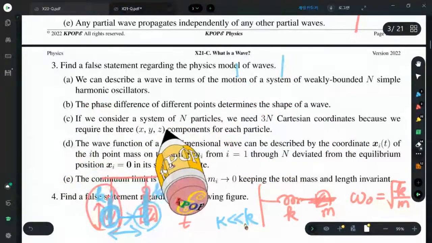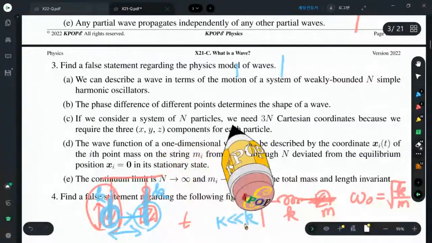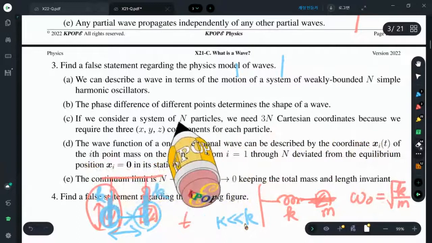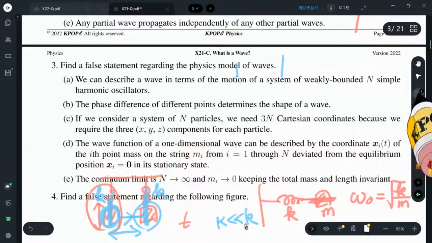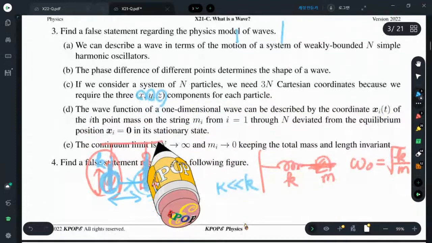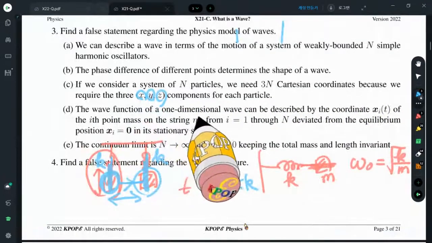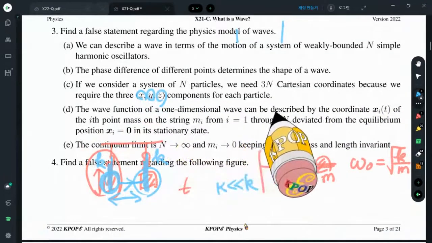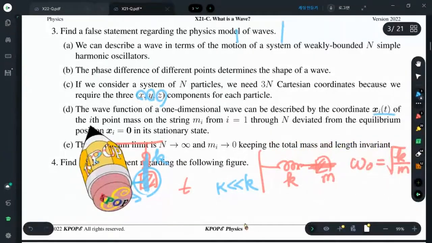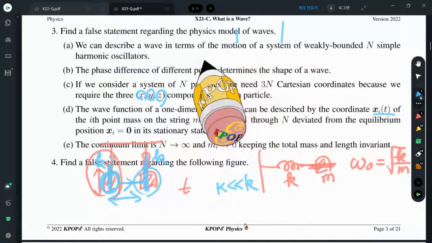If we consider a system of n particles, we need 3n Cartesian coordinates because each particle has 3 coordinates. A one-dimensional wave can be described by the coordinate of the ith point mass on a string.